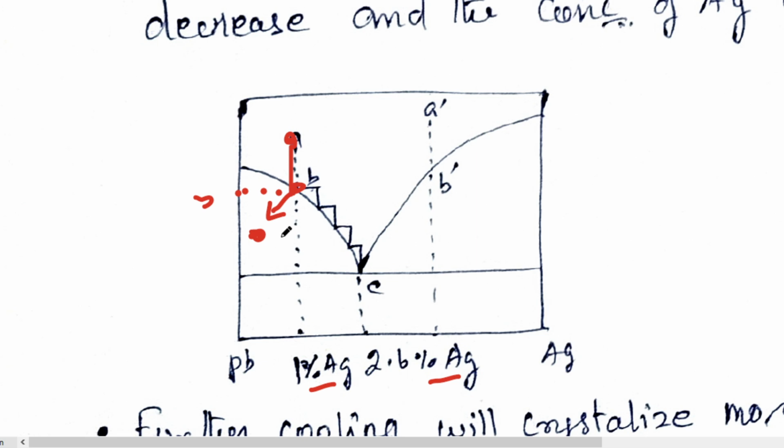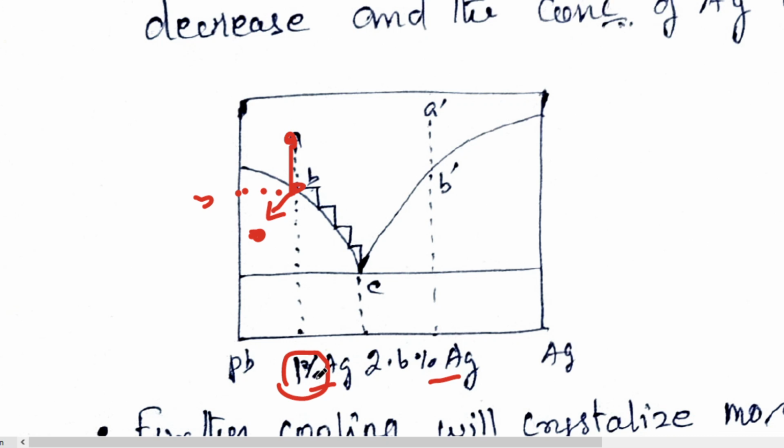When some of the lead is precipitated, the composition of the liquid melt will change, because we have taken 99% of lead and 1% of silver. What will happen? For example, 0.5% of lead gets deposited.